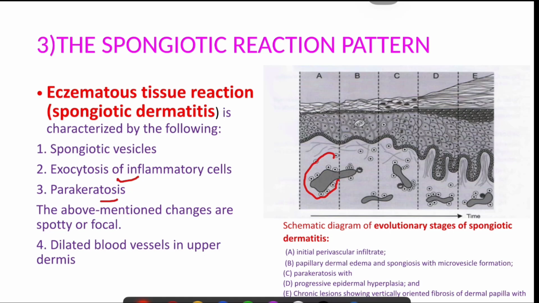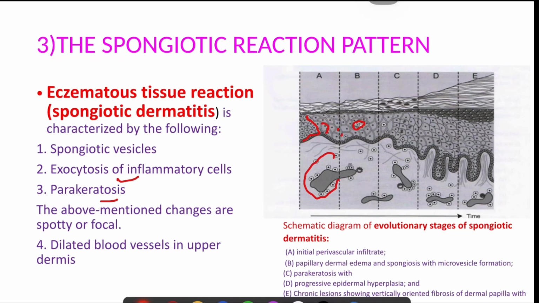So here, see, this is the normal epidermis. Here you can identify these cells are a little bit enlarged, and you can identify a gap in between these two cells. So this is edema in between, or intraepidermal edema. This is called spongiosis. And microvesicle formation. See here, this is microvesicle formation.